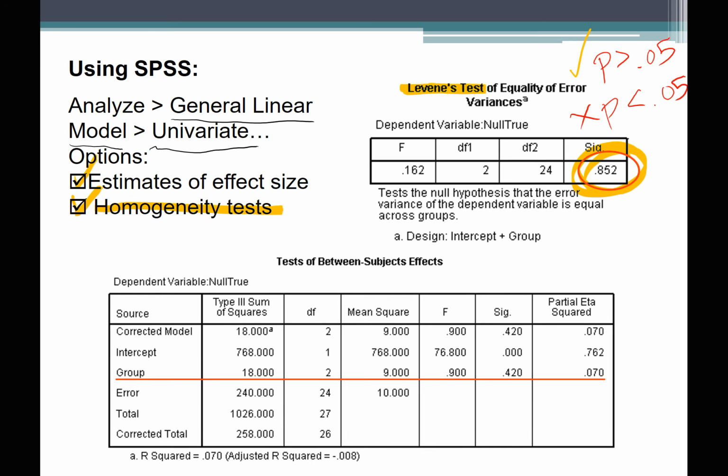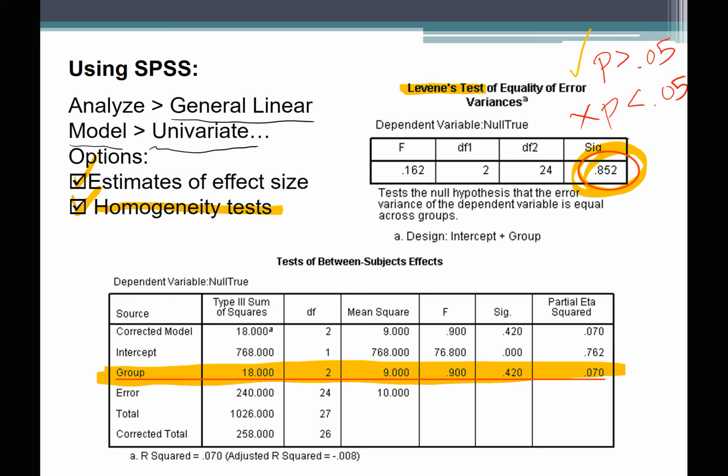Then we get an output that shows our tests of between subjects effects. So this is like our between groups effects. Now in true SPSS style, they give you like 50 numbers when all you need are maybe 3 numbers. So where we really want to focus here is on this line right here. All right. So this is referring to the data from the previous example where we have the 3 groups. So we're looking at what's the effect of group.